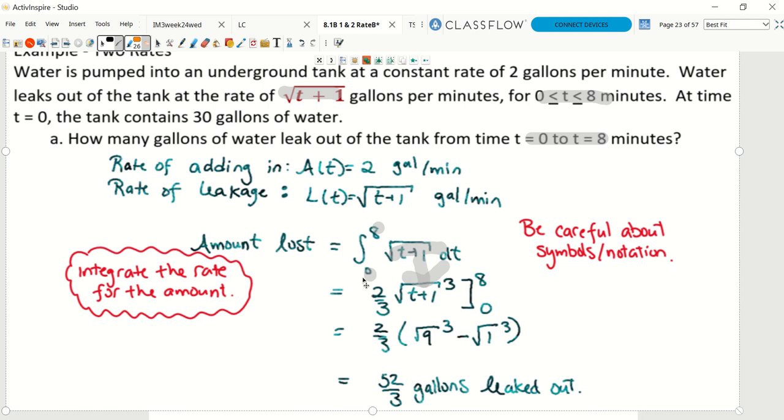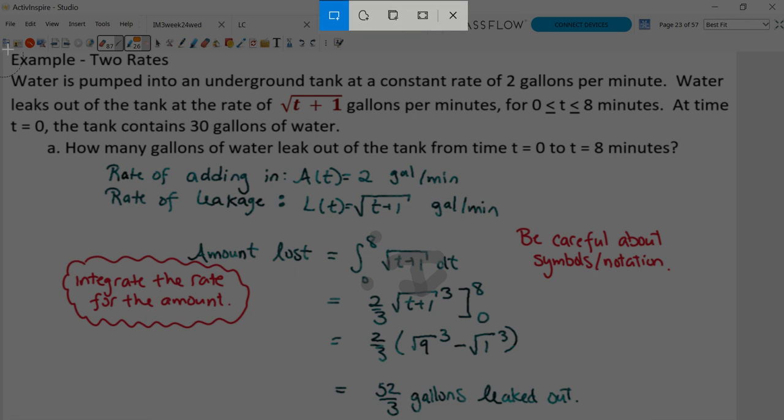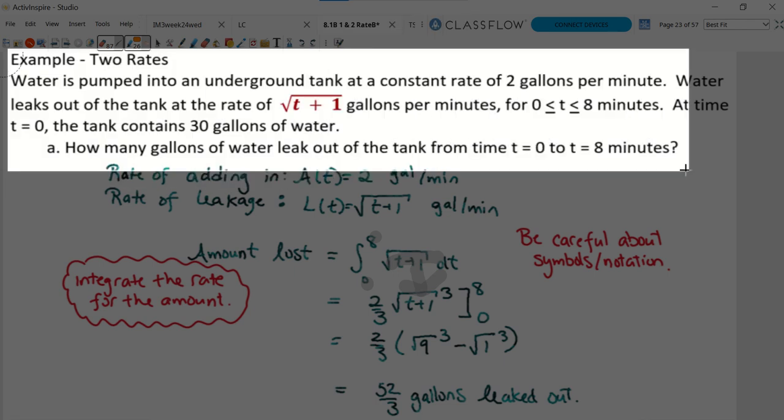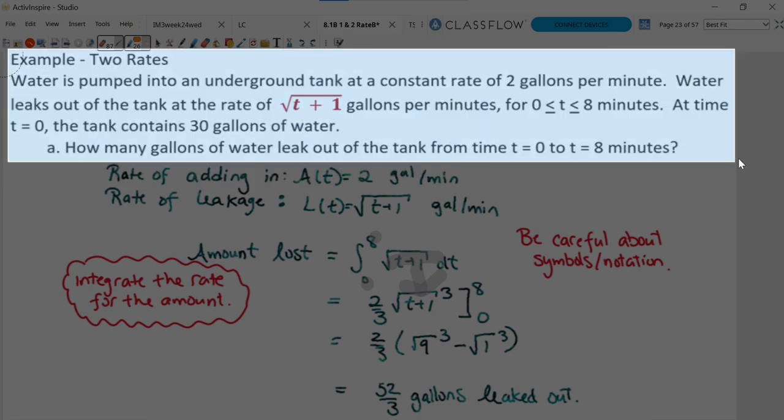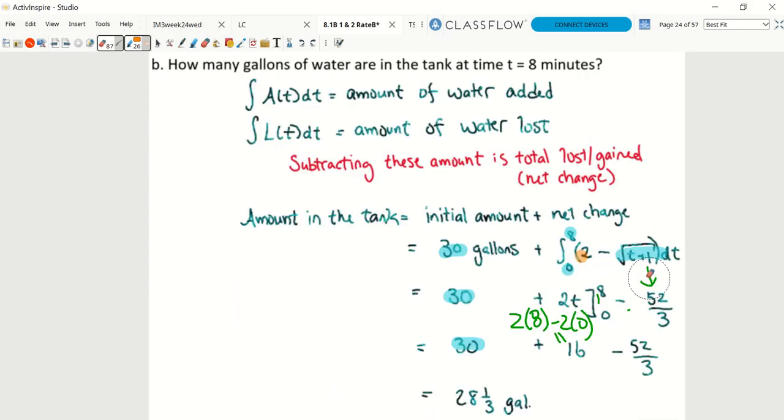Okay. Now, let's see if I can do this. I'm going to take this. Whoops. Erase. Two rates. Come on. Right here. Boom.